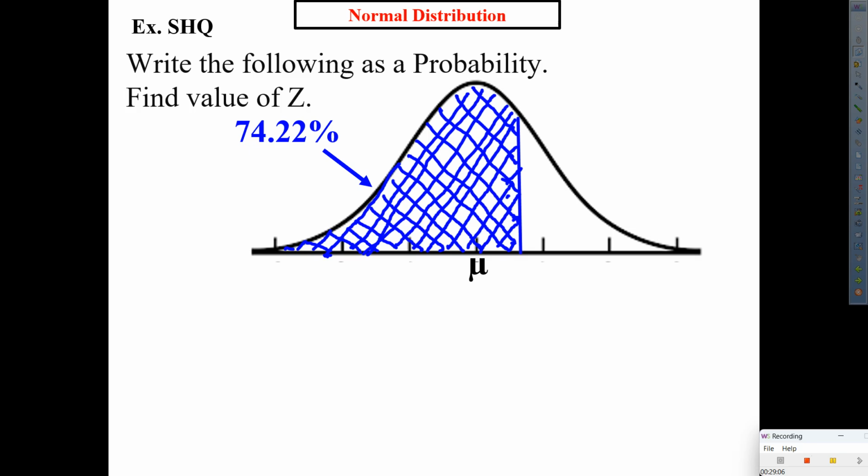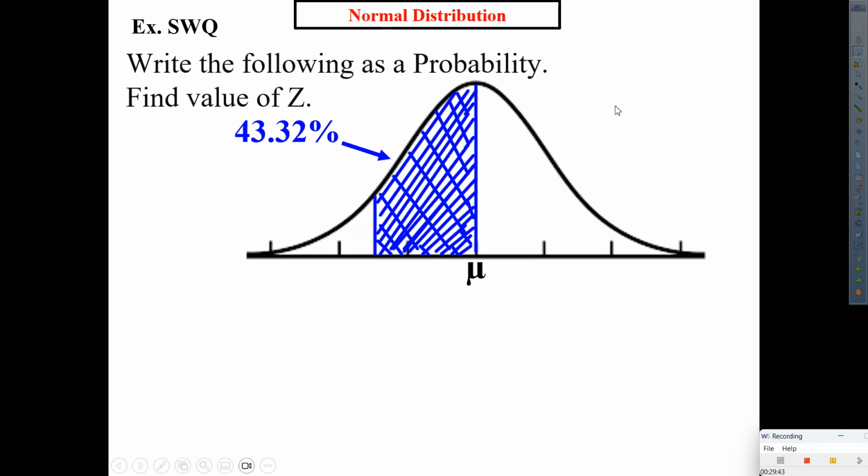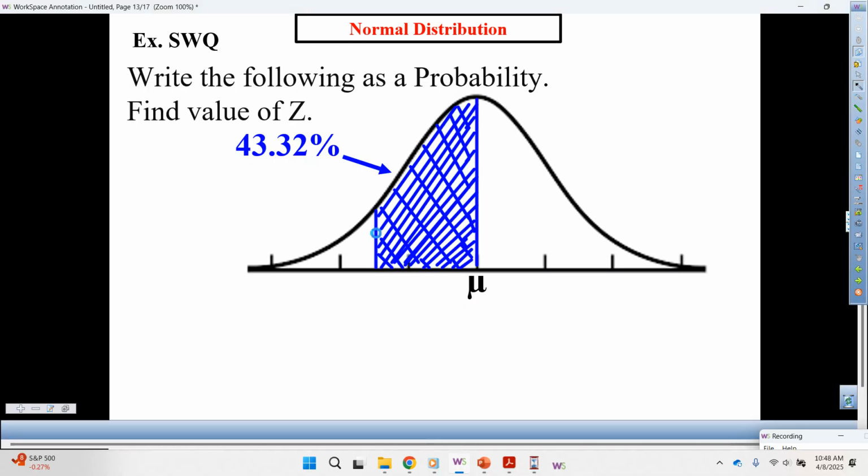However, what if I gave you a graph that looks like this? Copy that one, please. Last one. Copy that one, please. Let me send that to your screen. Remember earlier that we found the area between two z's? That means we need two z's, don't we?